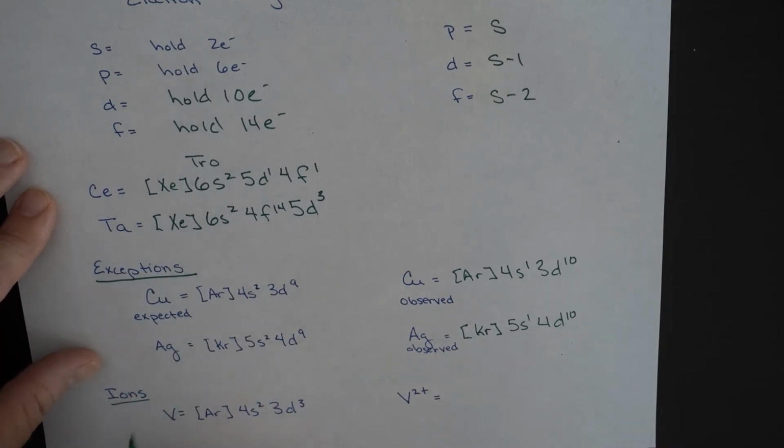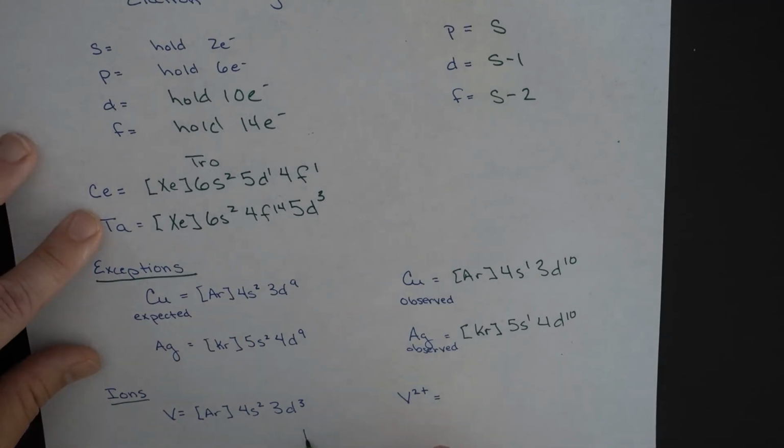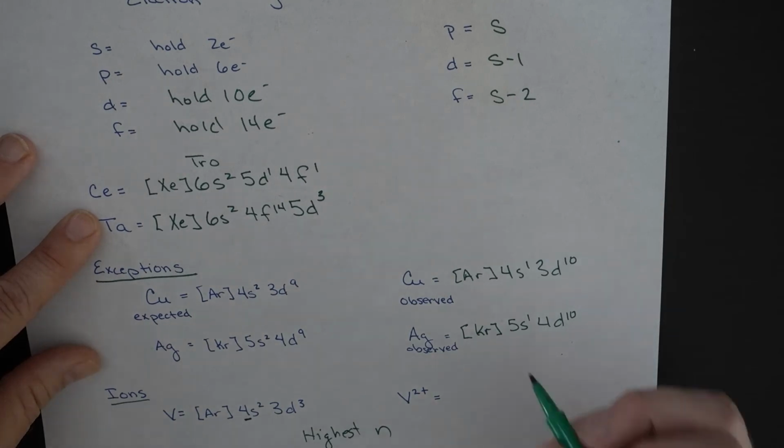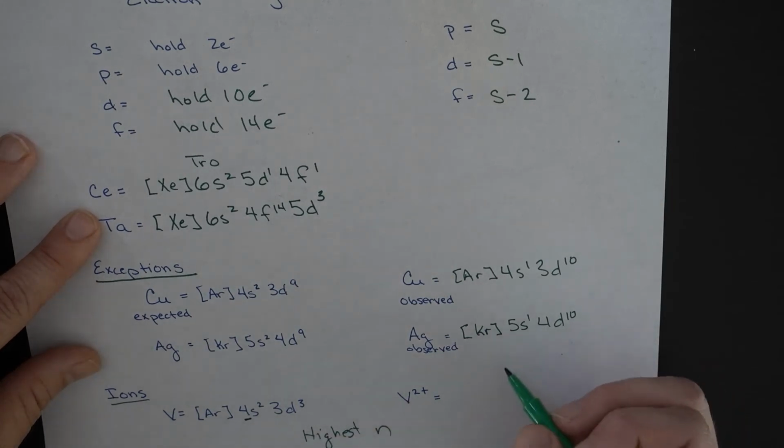Lastly, with ions, specifically ions that are in the transition metal areas, this is vanadium. When we ionize vanadium, the highest energy electrons are not necessarily the ones that go, it's the highest n. The highest n here is 4, so that means those are the electrons that go.